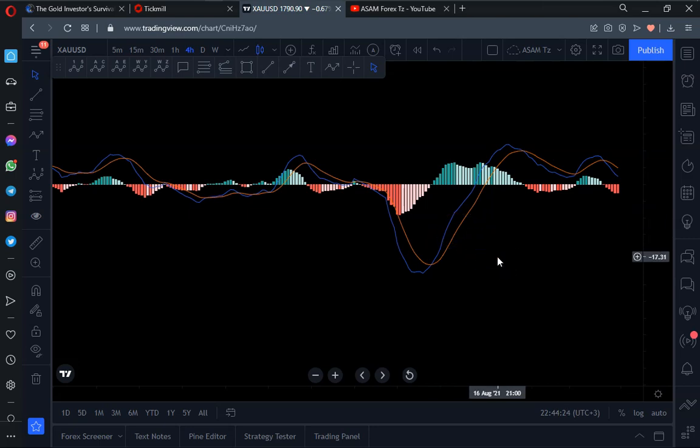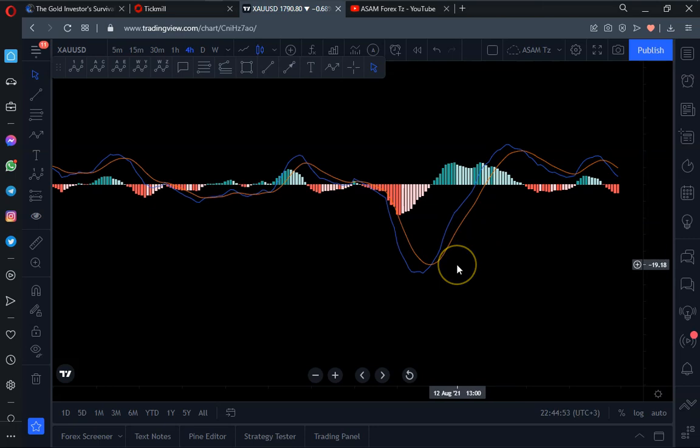The MACD line crossing over the signal line is something like what has happened here, at this point, and at this point also. So here MACD crossed over the signal line, then it crossed again. Once it is crossing a signal line, it gives you certain information about the future move of the market.